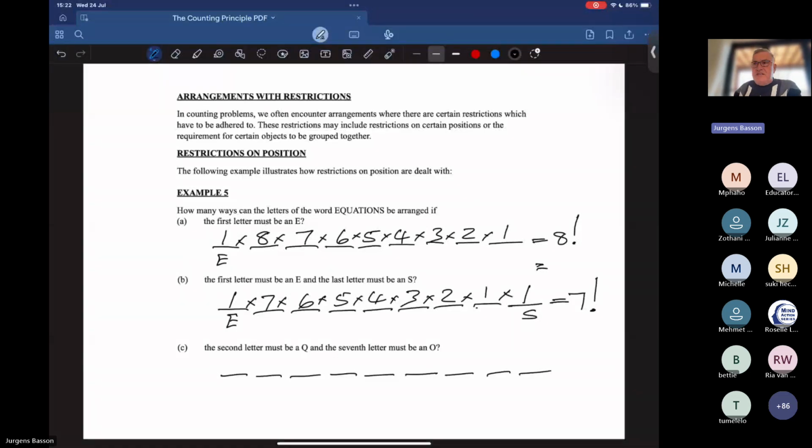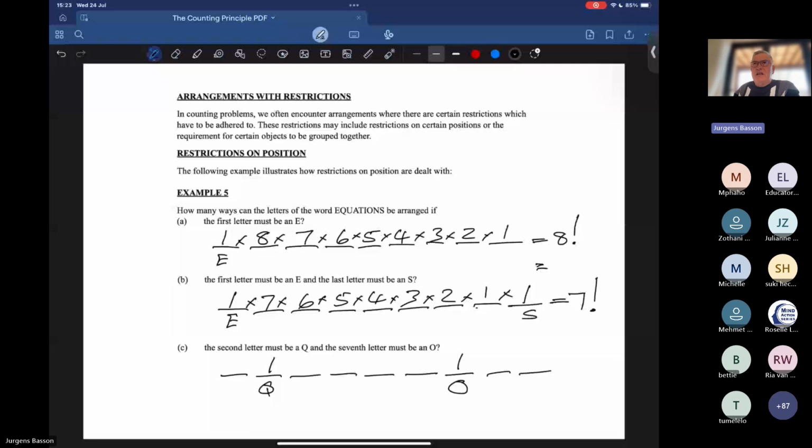But now it's not necessarily position 1 or position 9. I now say the second letter must be Q. And the 7th one must be O. 1, 2, 3, 4, 5, 6, 7. That must be O. And you agree this is 1, and that one will also be 1.